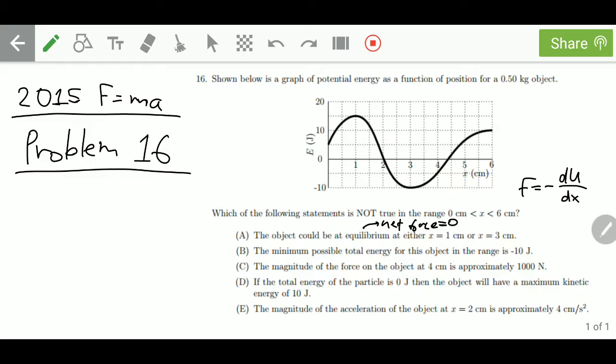Even if you don't know calculus, you should at least know the idea that on a potential versus position graph, the force will be the negative of the slope of the tangent line. So if I take a particular point and draw a tangent line, like that, it might look something like that. Then the negative of the slope of that would be the force at that point.